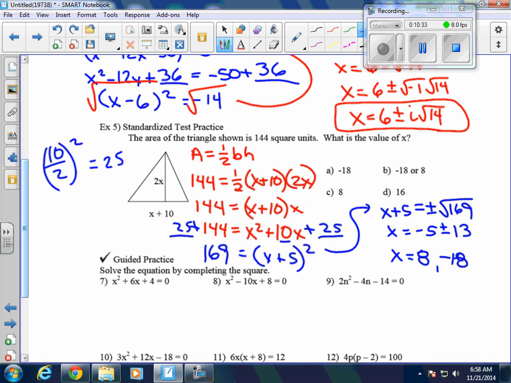However, in this case, negative 18 is really not a solution to this problem. So our answer is only going to be 8. There's no way that this value x can be negative. It would make this a negative side. So our answer is C.